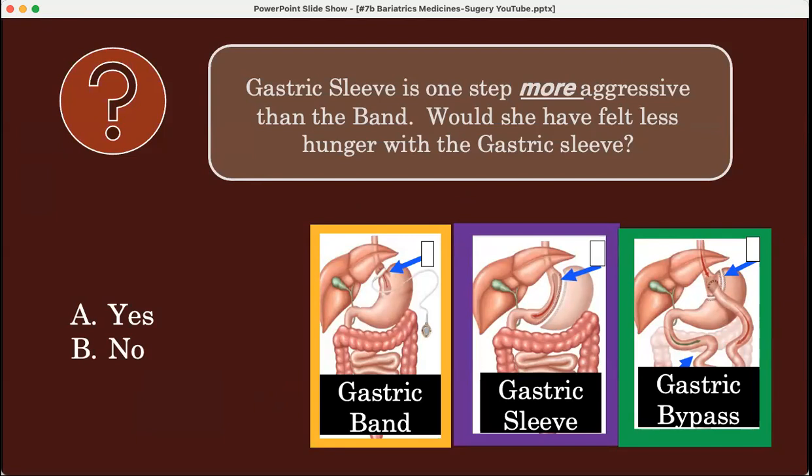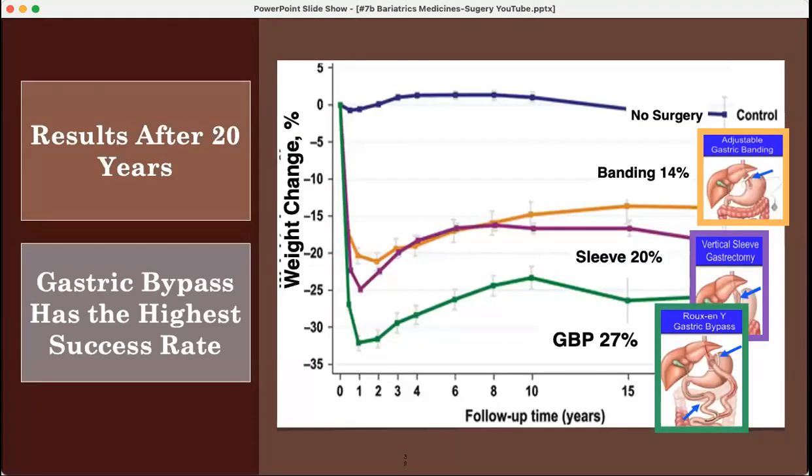And then, of course, the next most aggressive approach is the gastric bypass, the surgery that her mother had. So would she have felt less hunger if she'd had the gastric sleeve? The answer is most likely yes. Definitely, if she'd had the gastric bypass, she would not have had those hunger cues.